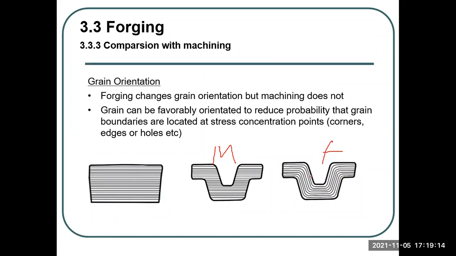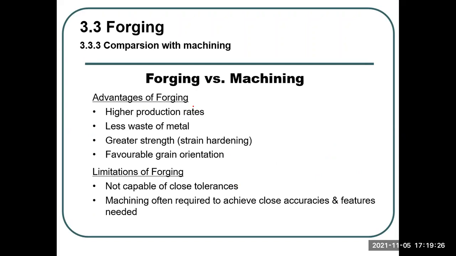Correct, right? Because we said with machining you just cut away material, so you won't change any of the grains, but forging can change the grain orientation, but machining cannot. So these are the comparisons between forging and machining. We spent quite a lot of time explaining this in the tutorial, so I guess all of you know it already.